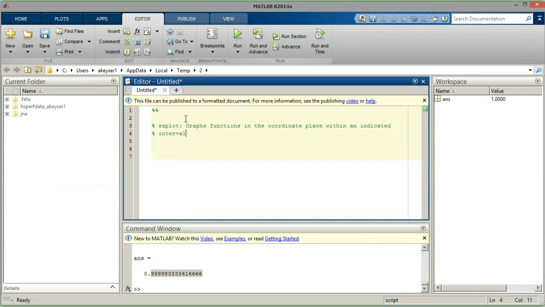Okay, and this is very important. Okay, so notice that I made specific that it's graphing functions in the coordinate plane. So that means the regular x and y coordinate plane.